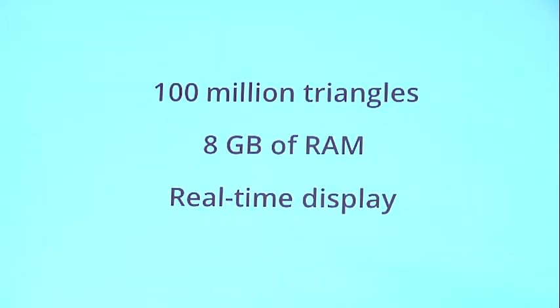But at the end, we were able to manage 100 million triangles with only 8 gig of RAM, and all this with real-time display. So just to give you a reference of what this means, if you scan the largest sheet metal part on a car body in white, which is the body side, it's about 88 million triangles with a sampling step or a triangle size, if you want, of 0.25 millimeters.